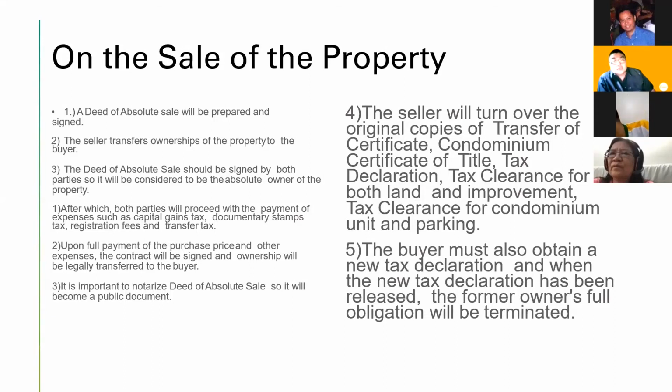Okay. Then the seller will turn over the original copies of transfer certificate of title, condominium certificate of title, tax declaration, clearance for both land and improvement, tax clearance for condominium unit and parking.